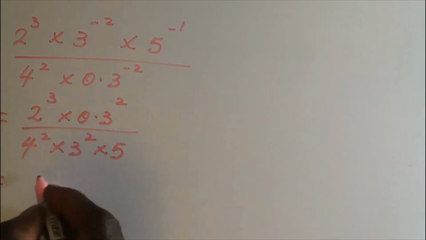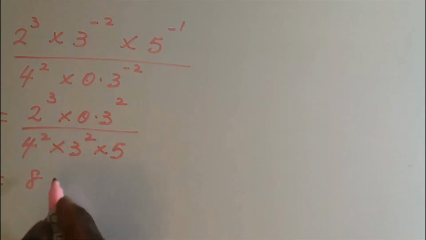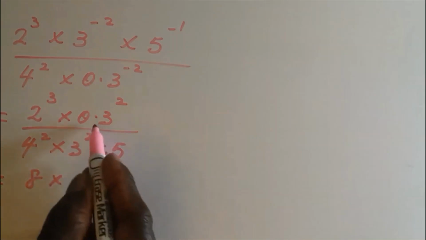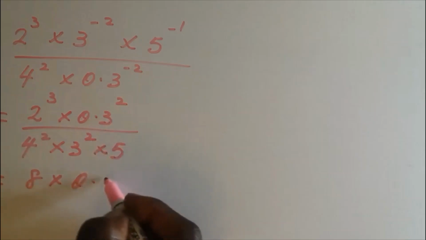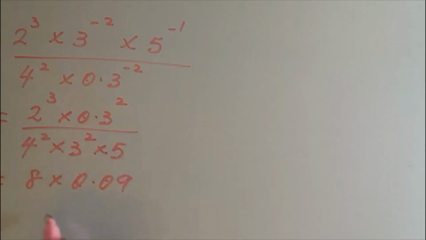2 to the third power is 8. Now this 0.3 squared is 0.09. And we have 16, 4 squared, we have 9, and we have 5.